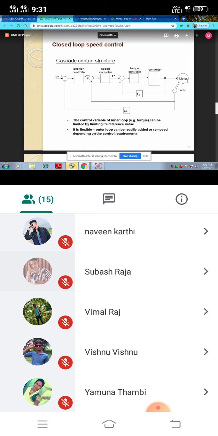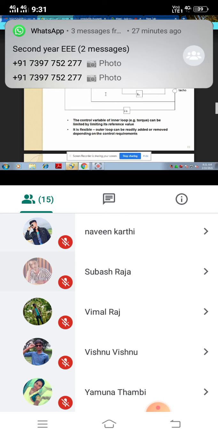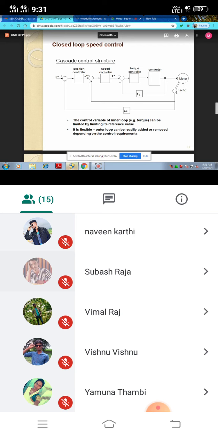Okay, now we move to closed loop speed control. My cursor is moving on the PPT, on the closed loop speed control. We have to match the words with the block diagram. The DC motor is fed to a tacho generator. For what purpose are we using the tacho generator?